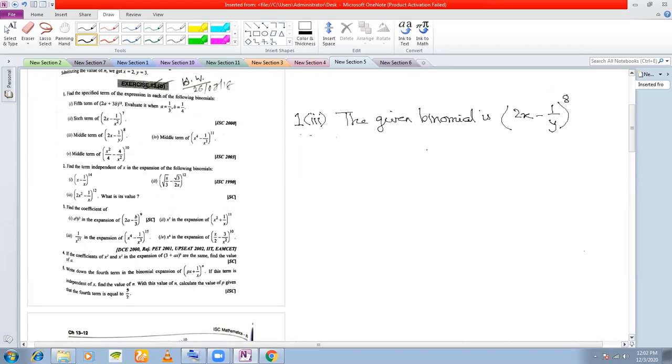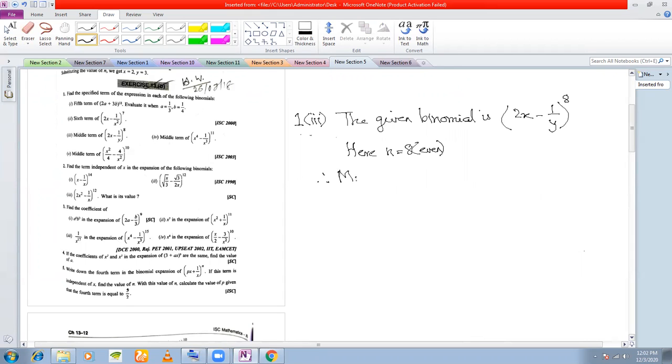This is the binomial. We want to find out the middle term of this. Now see that the power is even. Here n equal to 8, even. Therefore, you have only how many middle terms? You have only one middle term in case of an even power.